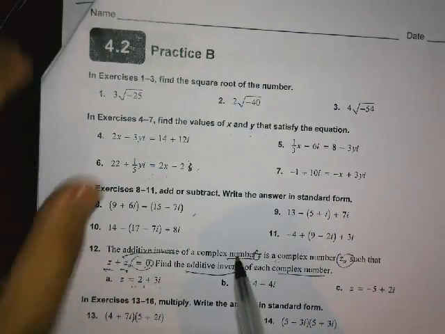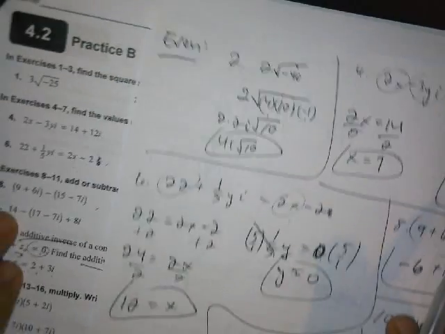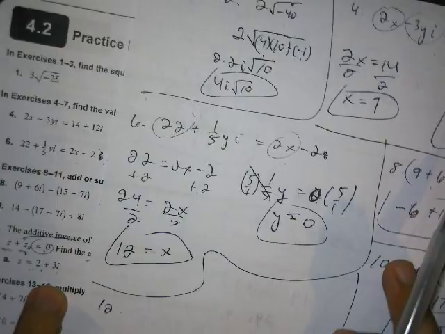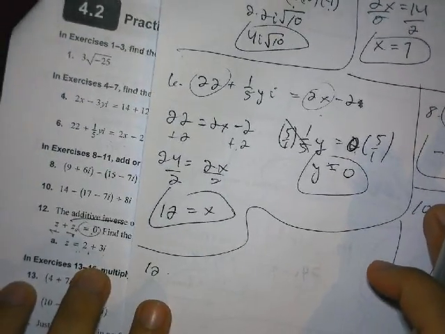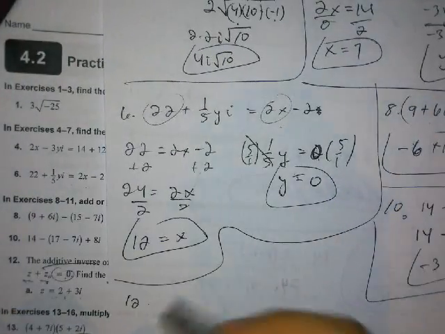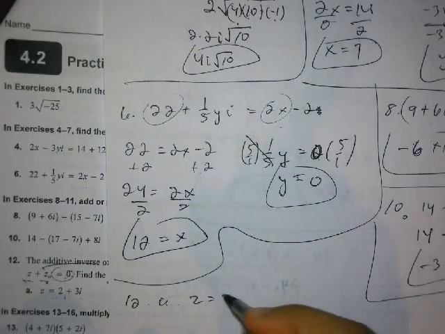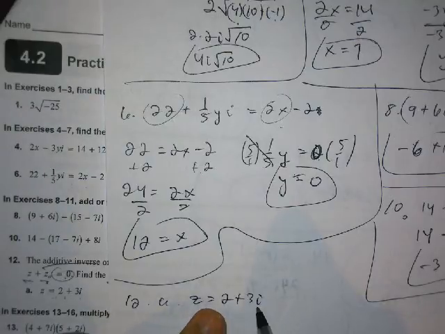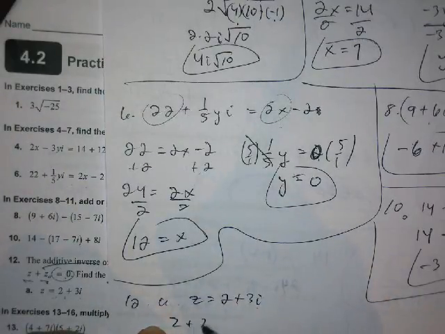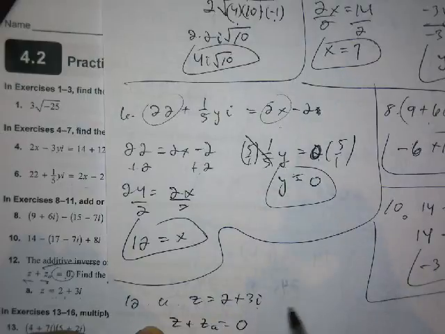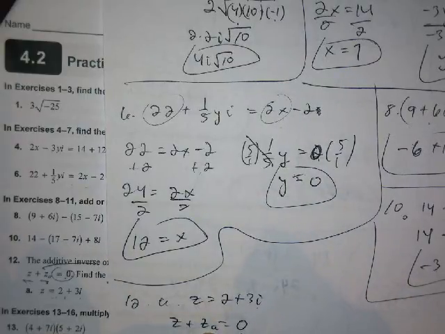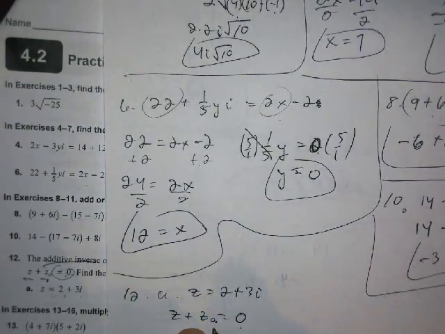So what that looks like algebraically, so if I'm looking at 12a here, 12a reads z is equal to 2 plus 3i. And if I want z plus some za is equal to 0, well, I need some real part that I add to 2 such that it gives me 0.